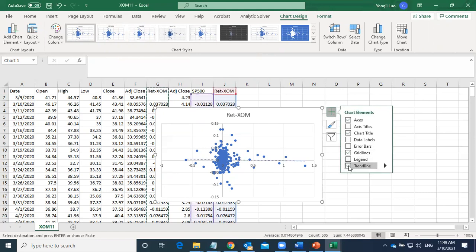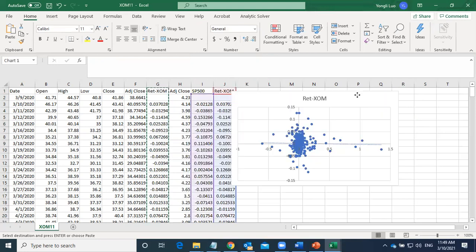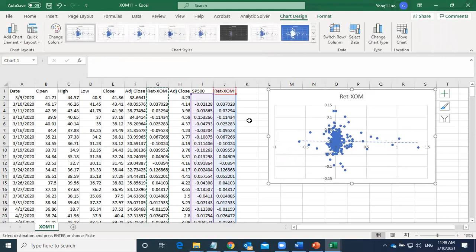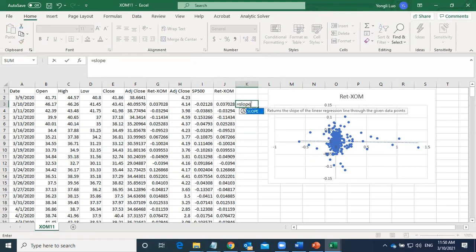And then you can add a trend line to estimate the relationship between the returns of these two. This is similar to what we have on the PowerPoint slides. Once you have the line, you can estimate. All you do is type the slope function.